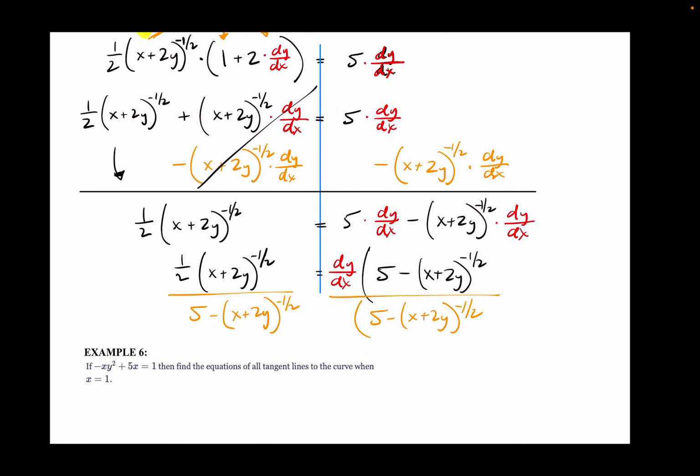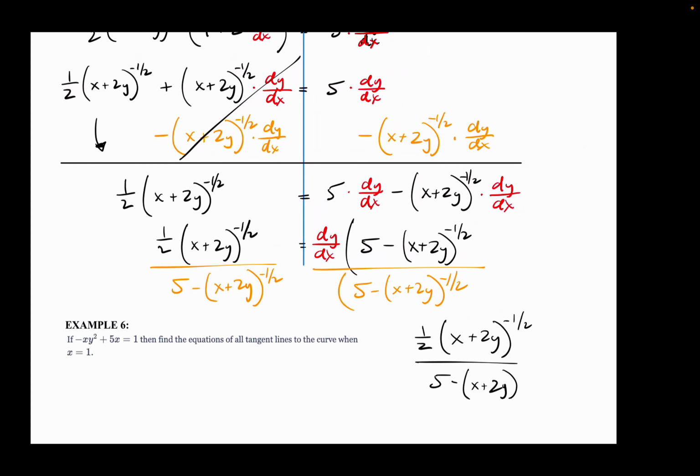Okay, so I have 1/2 x plus 2y to the negative 1/2 over 5 minus x plus 2y to the negative 1/2. Does the 2 go on the bottom? You could move it to the bottom, but then you would have to distribute it to both terms because there's 2 terms on the bottom.